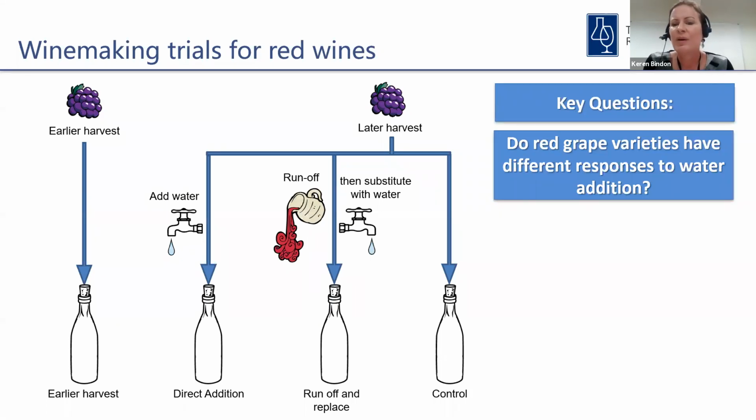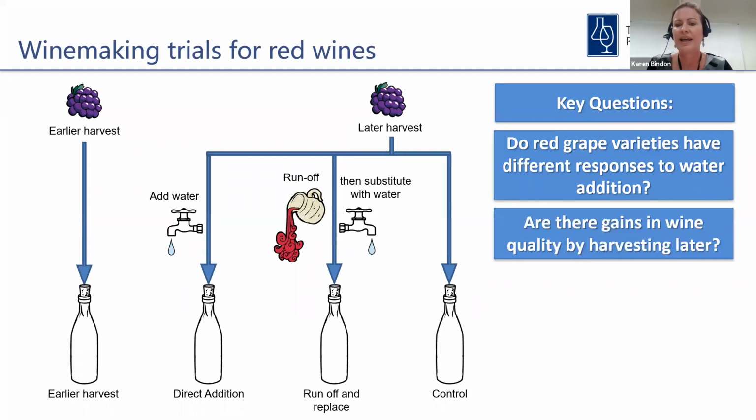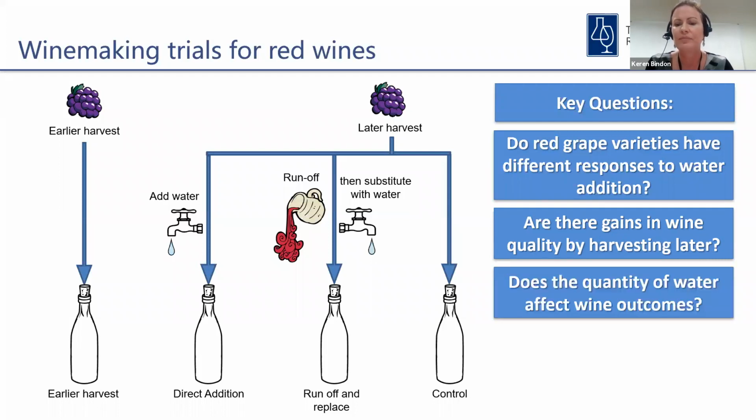So the key questions that we wanted to ask through this process were: do grape varieties have different responses to water addition? So really focusing here on Cabernet and Shiraz, as I've just introduced earlier. And I've said this a number of times now, but to ask the question: are there really gains in wine quality by harvesting later, which justifies the use of water addition?